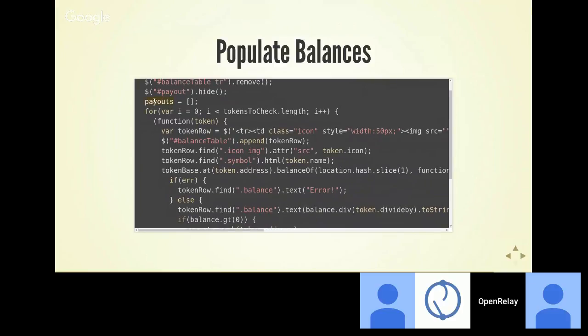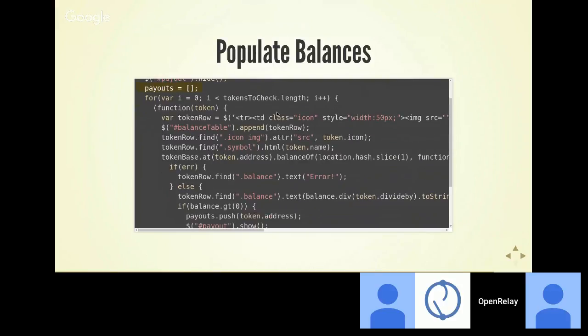Then we create a list of tokens that would be paid out if the payout button were pressed. Then we iterate over the list of tokens that we care about for this particular network. If it's Kovan, it's going to be ZRX and Wrapped Ether. If it's mainnet, it's going to be ZRX, Wrapped Ether, and Embiggen. For each of those tokens, we are going to inject a row into our table.